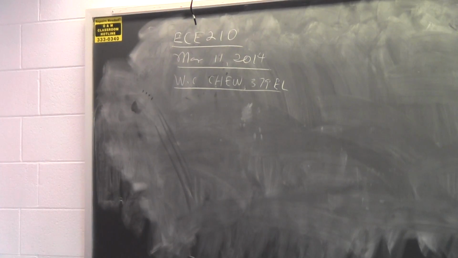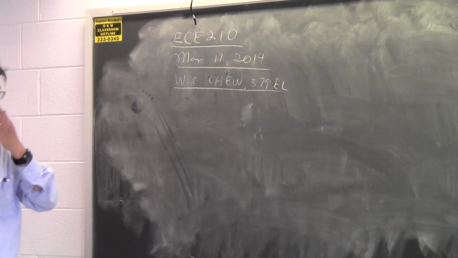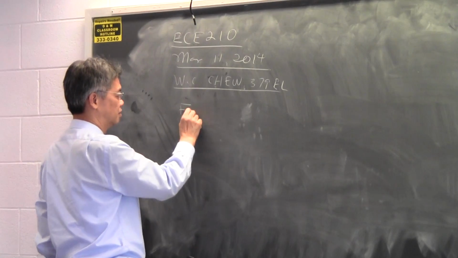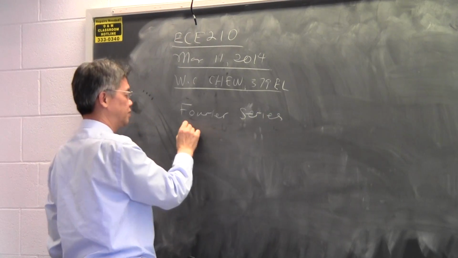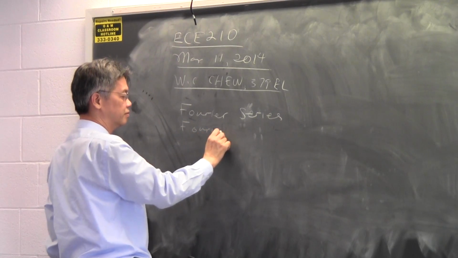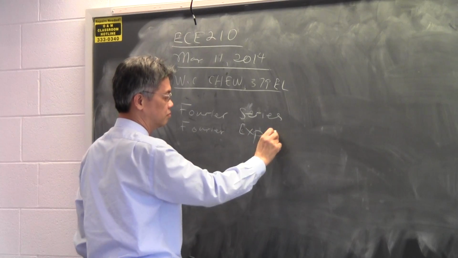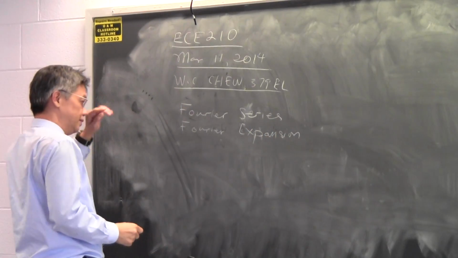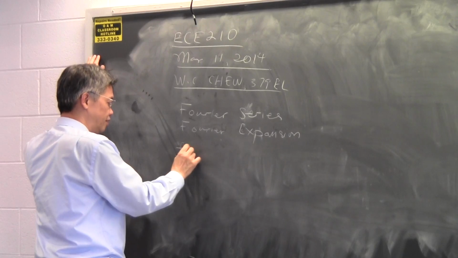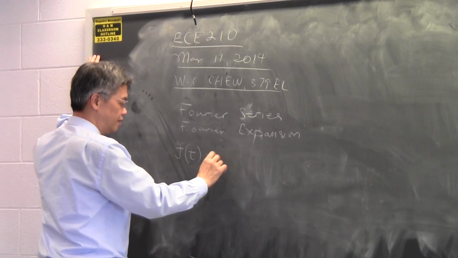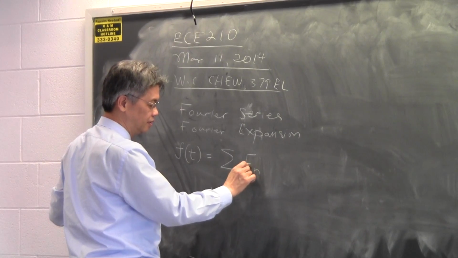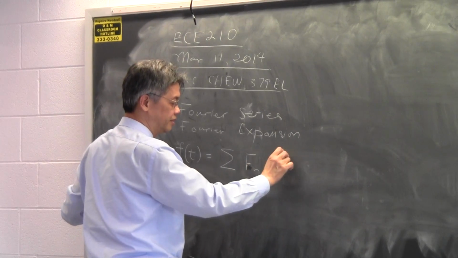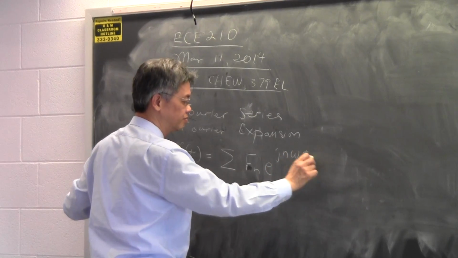Okay, let's get started. So we know about Fourier series. Sometimes it's also called Fourier expansion. And it says that if you have a periodic function f of t, then it can be expanded in terms of the sum of periodic function e to the j n omega naught t.